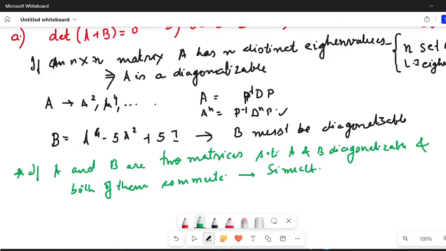So I will say that both of them are simultaneously diagonalizable matrices.